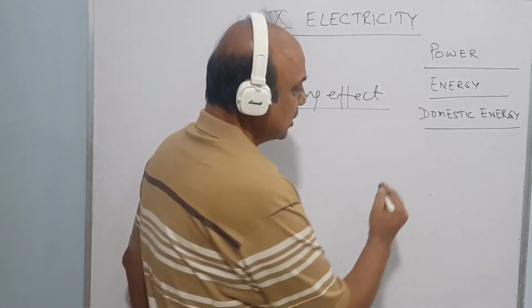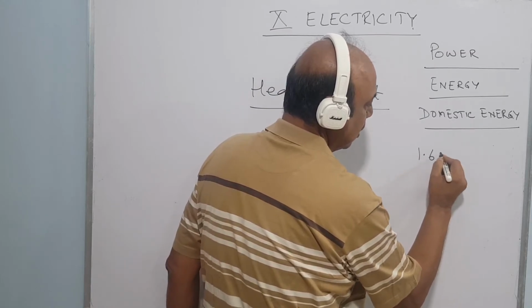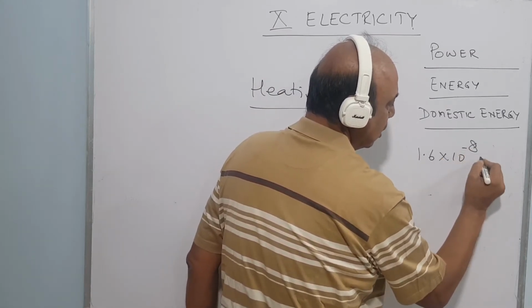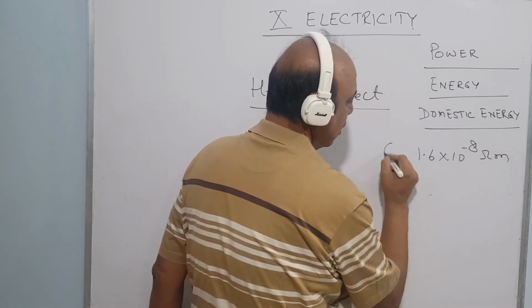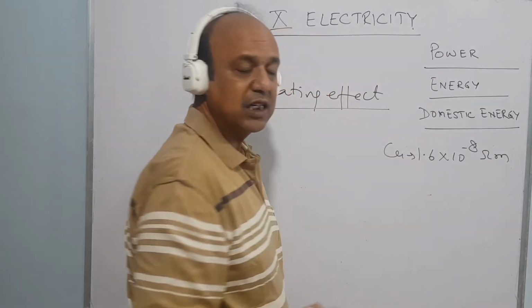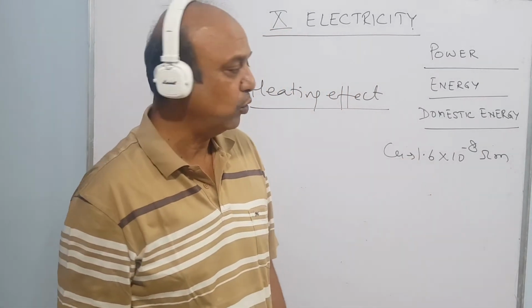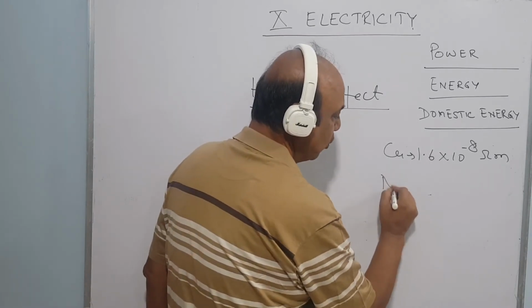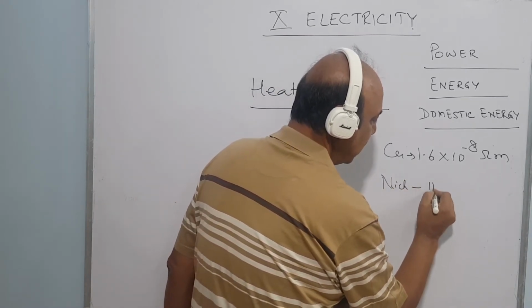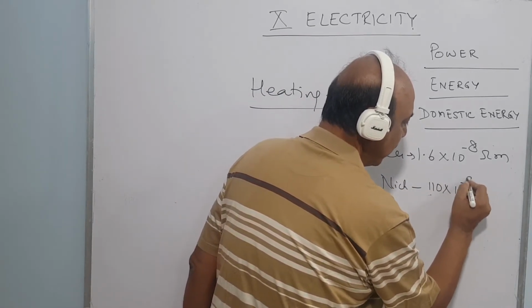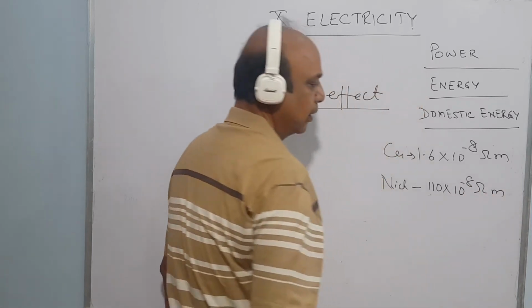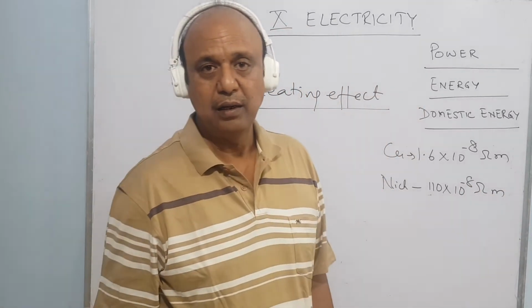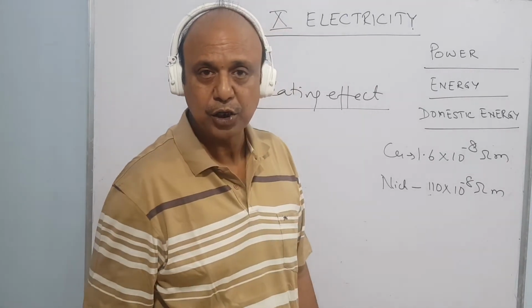As we had discussed yesterday, the specific resistivity of copper is 1.6 into 10 to the power minus 8, whereas nichrome is 110 into 10 to the power minus 8 ohm meter. Now nichrome is an alloy. It has got a high melting temperature.